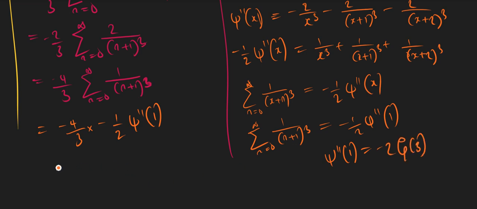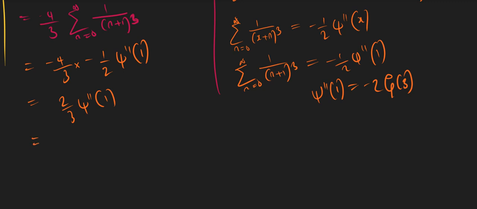So this will be negative 4 third times, okay, this is just positive 2 third, so this is 2 third times psi double prime of 1, which is going to be 2 third times negative 2 zeta of 3, which is going to be negative 4 third zeta of 3.